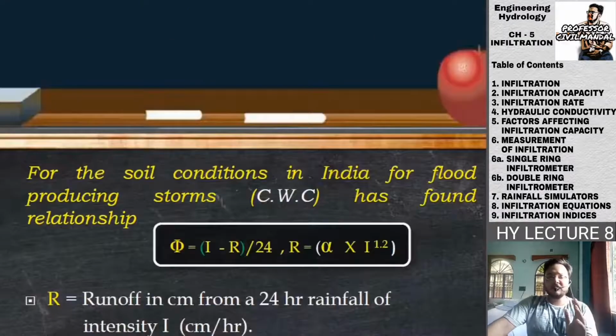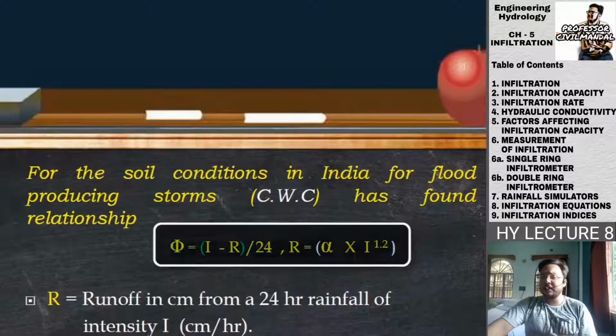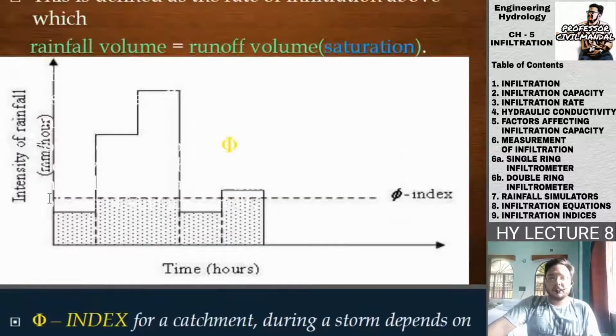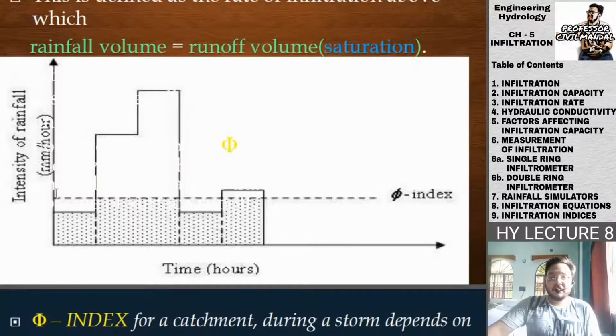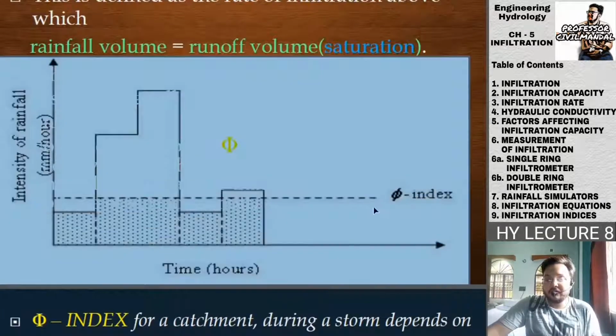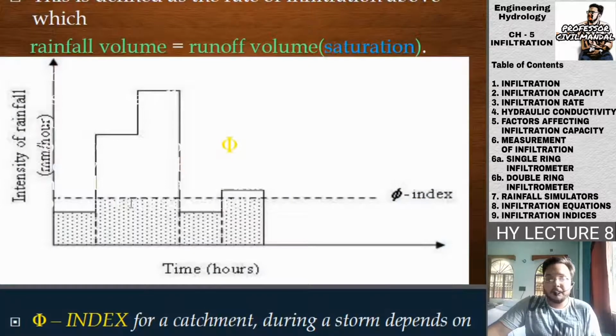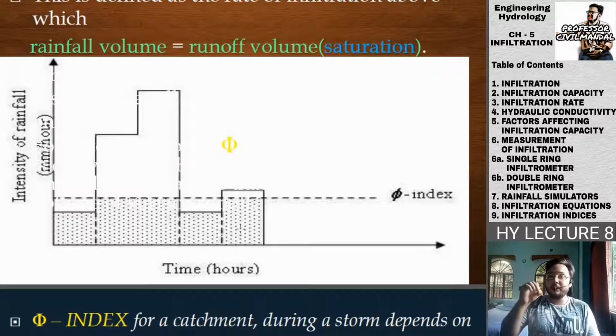So this is how you can obtain the value of phi index, and you will plot the value of phi index, which will make a line like this. Now what's the use of this? This phi index line, below which whatever amount you are seeing, this shaded or dotted portion, this amount of water will be infiltrated, or will seep through the soil.